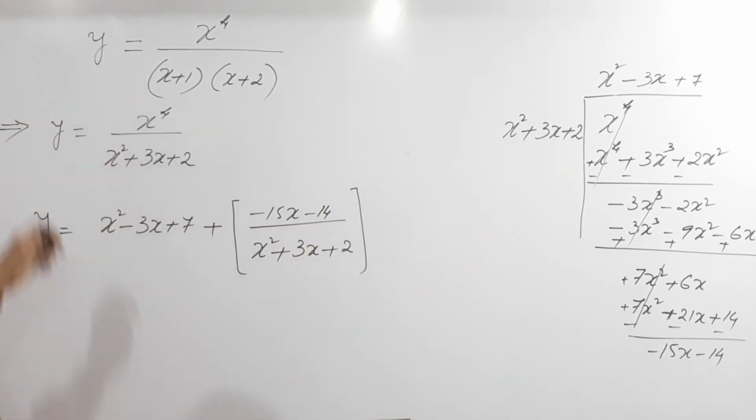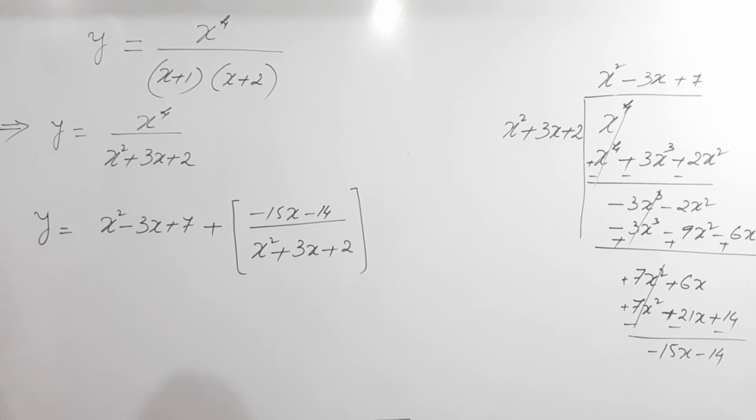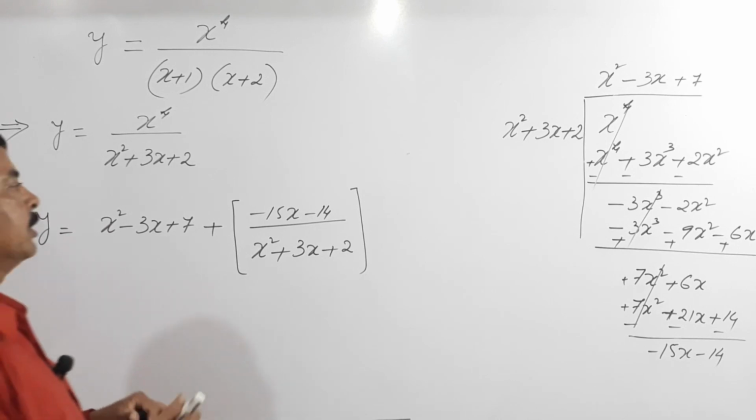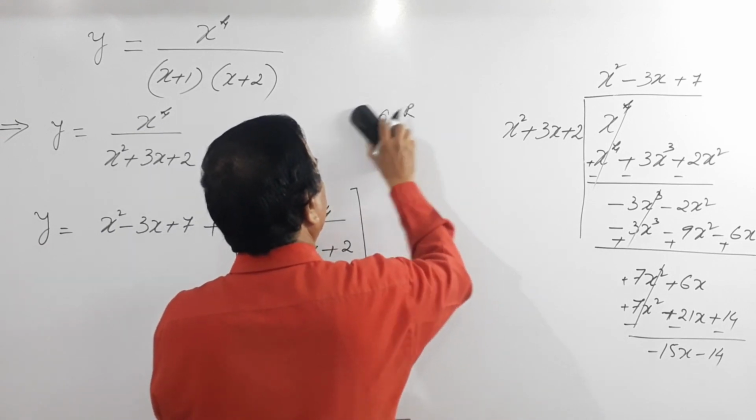So the entire thing after division we get this value. It is similar to what is that? QRD.